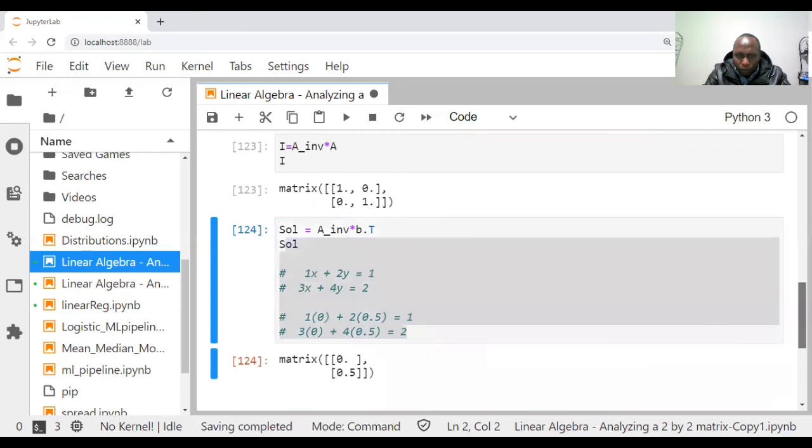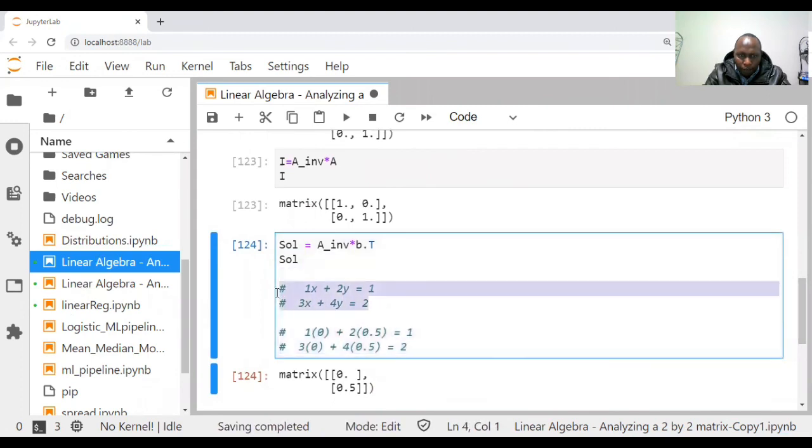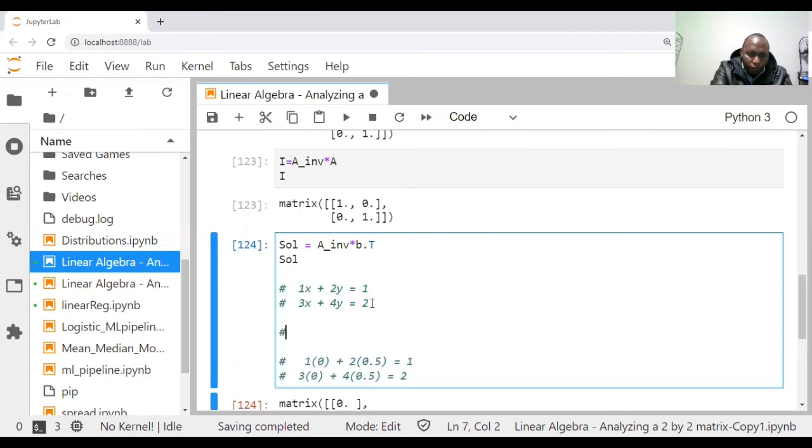And that concludes the process. So we know the system that we were given is actually a system with a solution, meaning the two lines intersect at the point 0, comma a half.